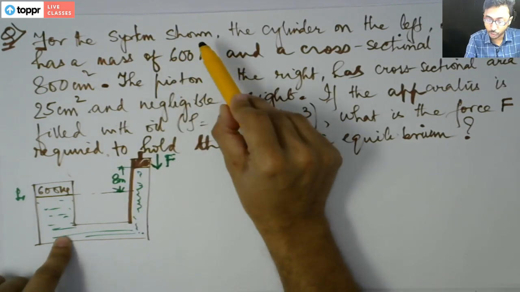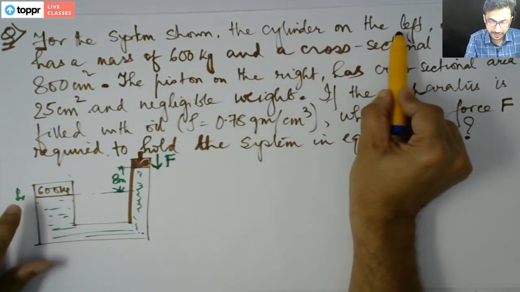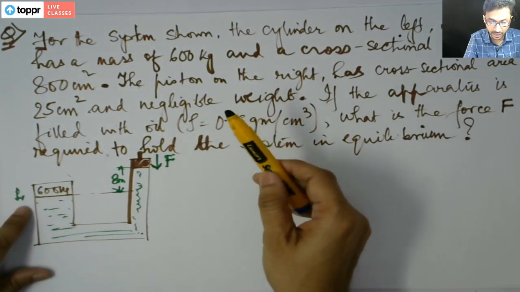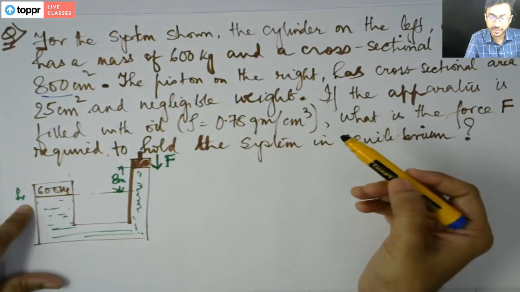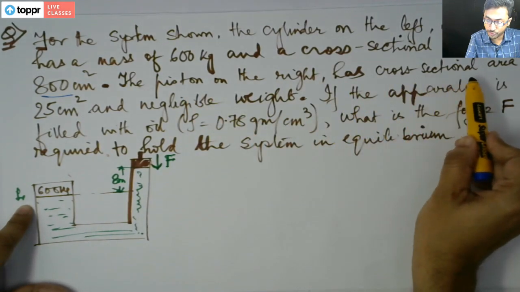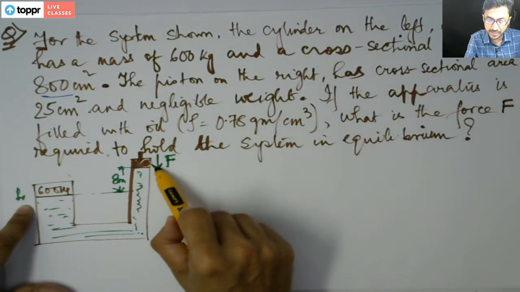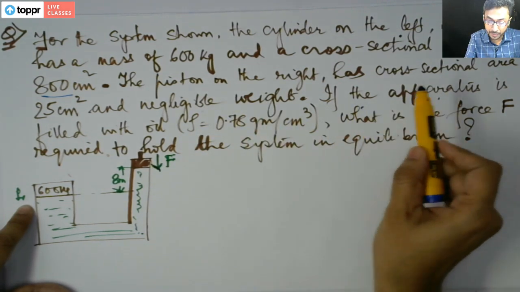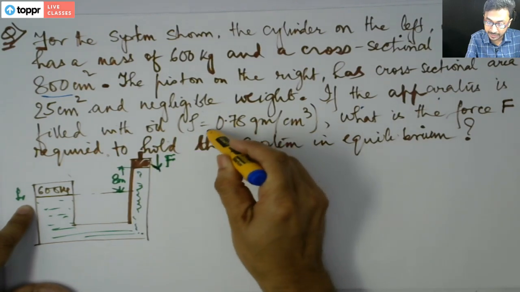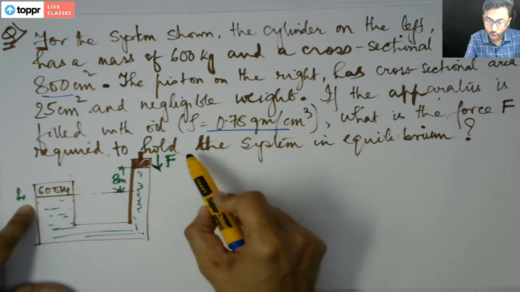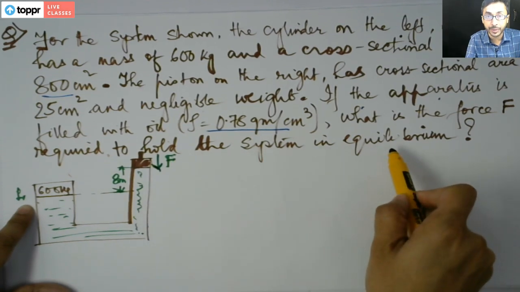For the system shown, the cylinder on the left has a mass of 600 kg and a cross-sectional area of 800 centimeters squared. The piston on the right has cross-sectional area 25 centimeters squared and negligible weight. If the apparatus is filled with oil, the density is given. What is the force F required to hold the system in equilibrium?